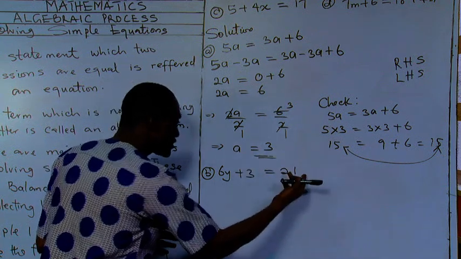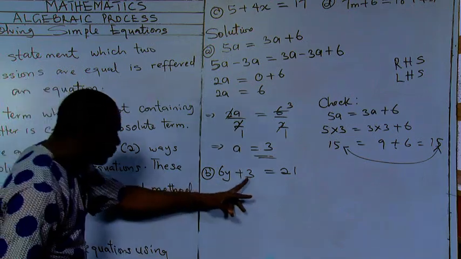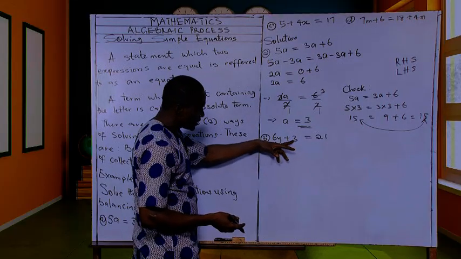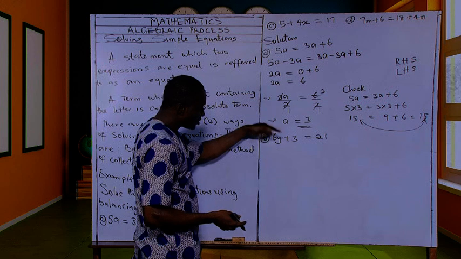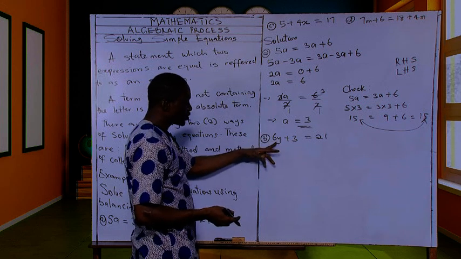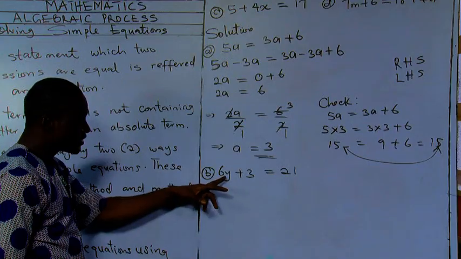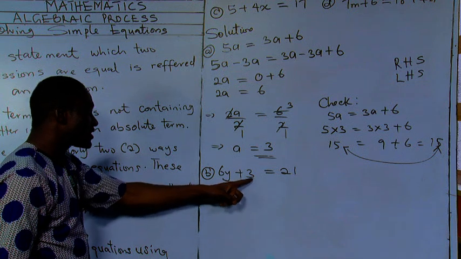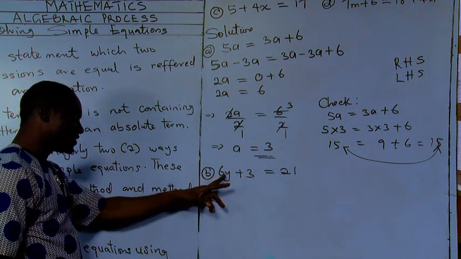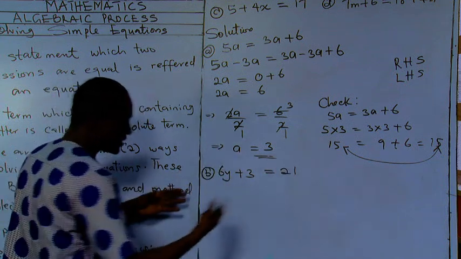To take it to the other side, you have to balance the equation. What operation is it carrying out here? 3 is added to this 6y. Since 3 is added to 6y, you have to subtract it from both sides.